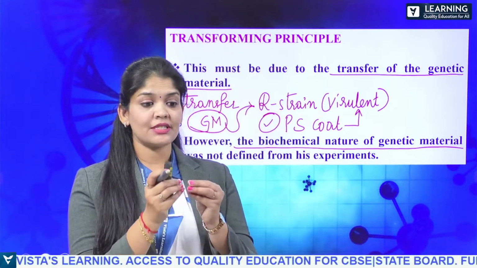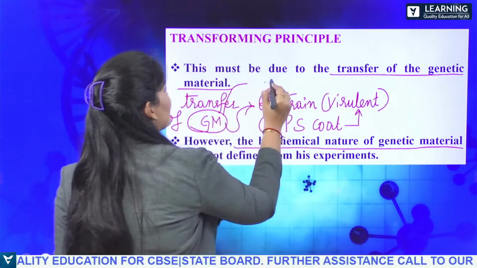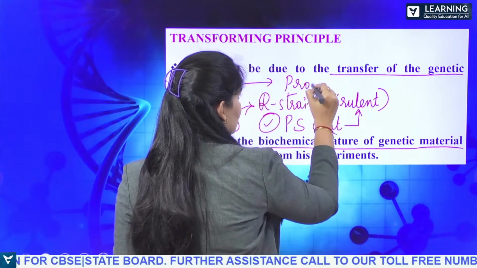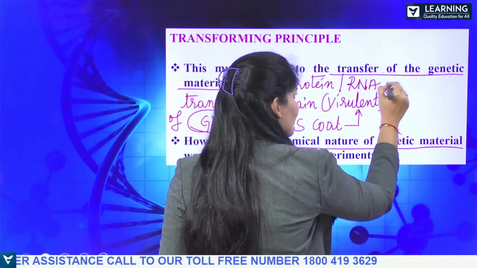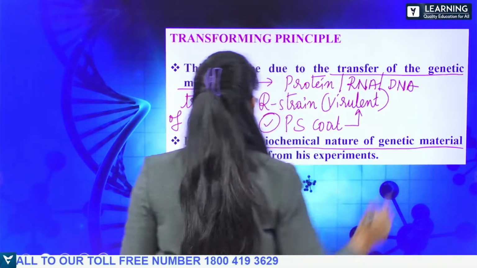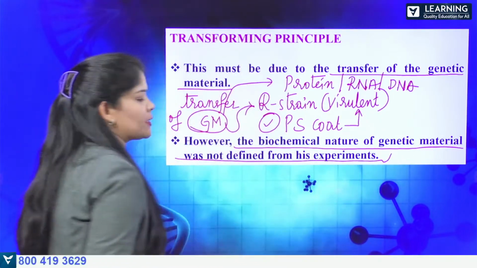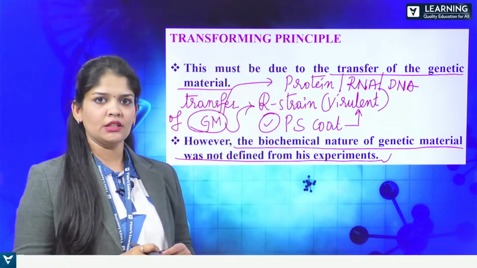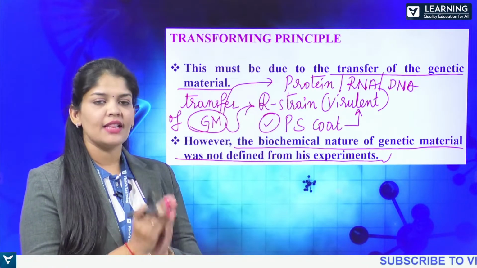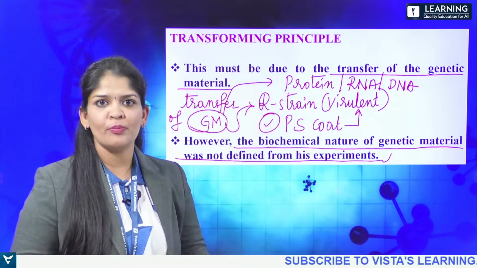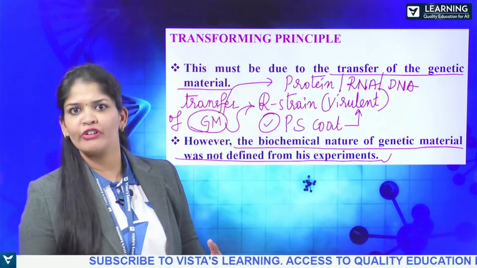But whatever the transferred genetic material, its biochemical nature, whether it is a protein, whether it is RNA, whether it is DNA, was not defined from his experiment. He defined that some transforming principle is happening in such a way that it got the new information to synthesize the polysaccharide coat around it and make the R strain into virulent form.